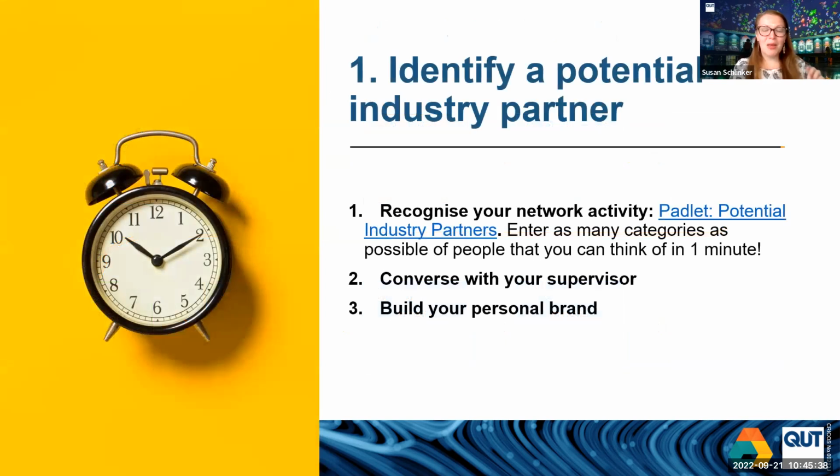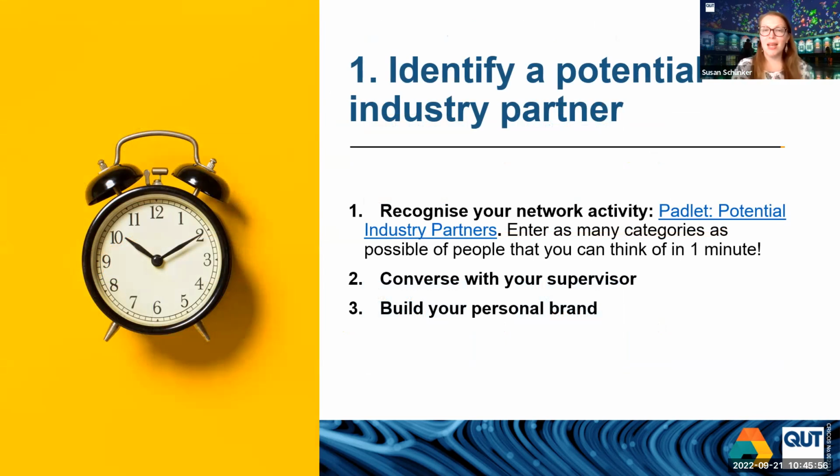So the first step is identifying a potential industry partner. So recognize your network activity. I think Ivy's going to put a link into the chat of a Padlet that you can access, which has some potential industry partner ideas.